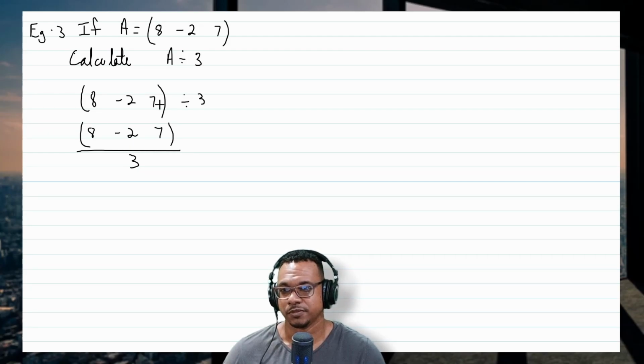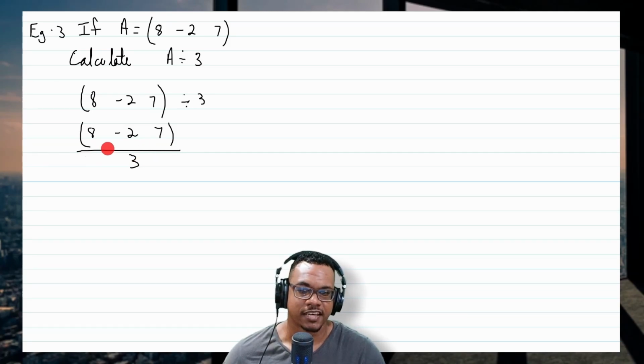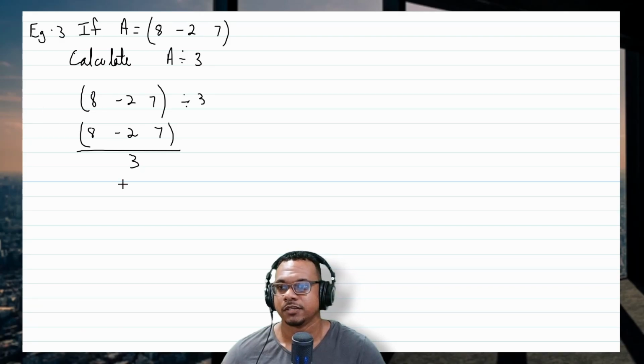Change the divide sign to the over sign. Remember, when using this over sign, whoever comes first is the numerator, and what comes second is the denominator. So you'll have 8 over 3, -2 over 3, and 7 over 3.